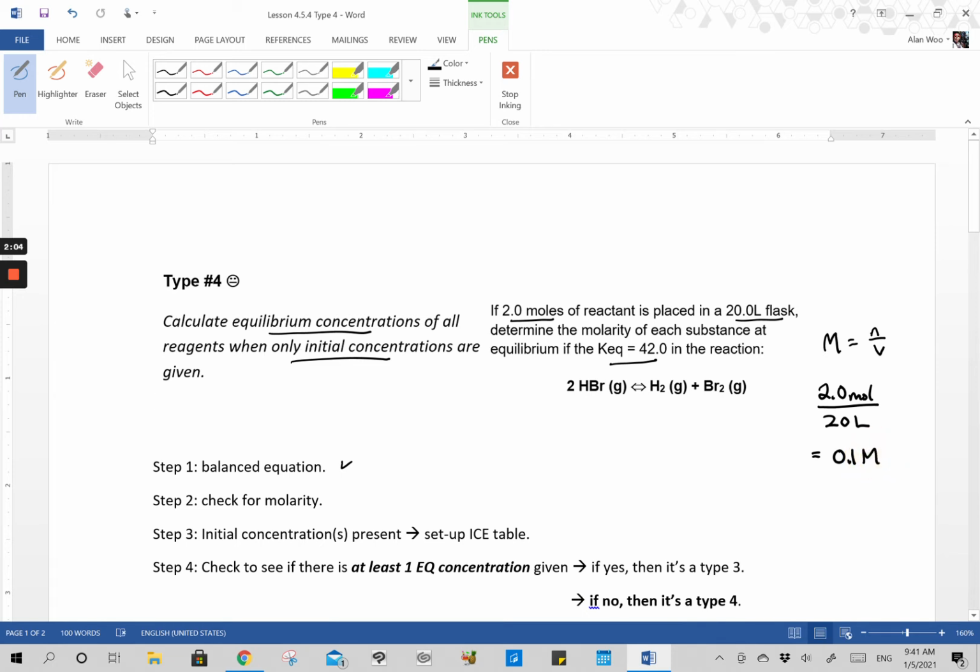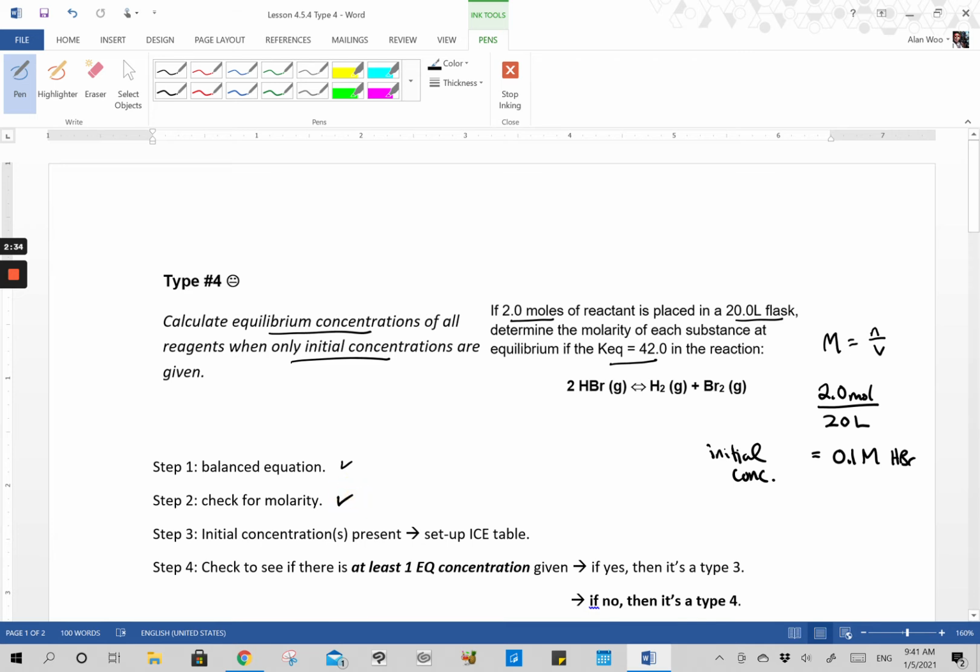This is for the reactant, which is HBr. Because they're describing this at the beginning, that means that this is an initial concentration. You have KEQ equals 42, but you don't have any equilibrium concentrations at all.